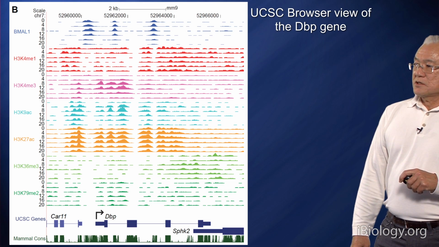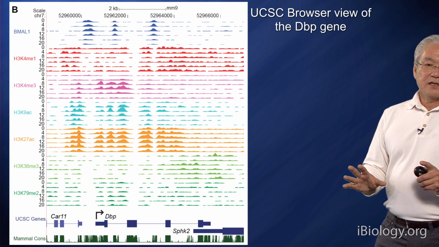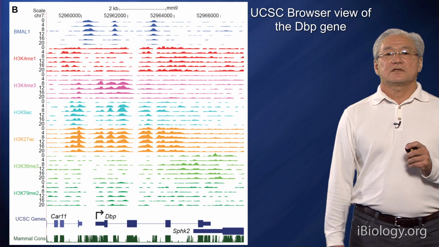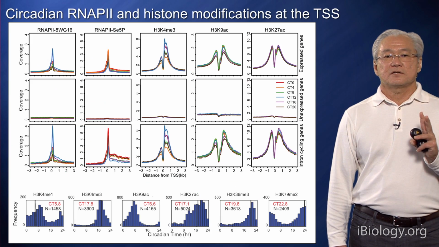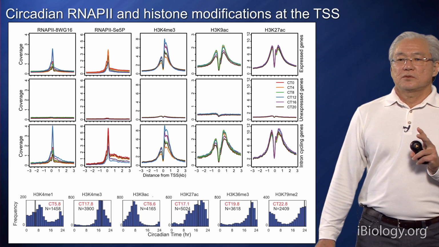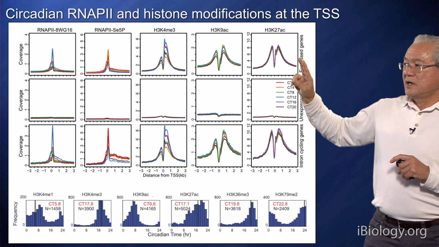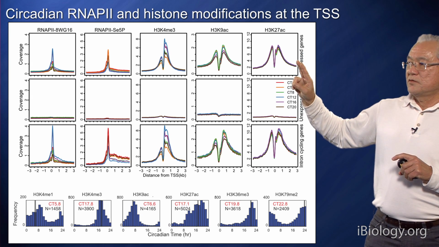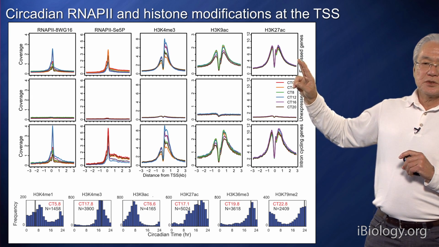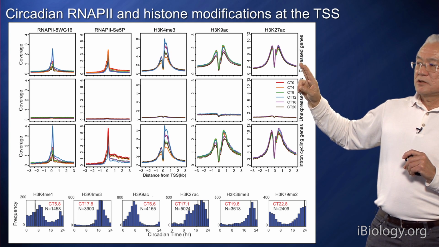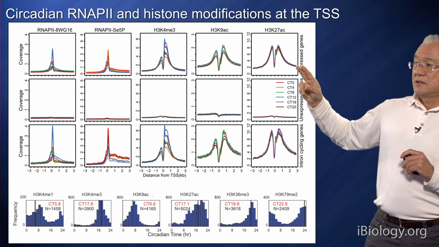So histone modifications are clearly regulated on a circadian basis. How pervasive is this kind of modification across the genome? And so to look at this more carefully, we have profiles for both RNA polymerase II and these 3 promoter marks at the transcription start site of genes across the genome.